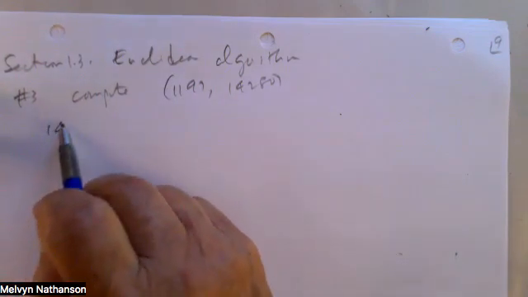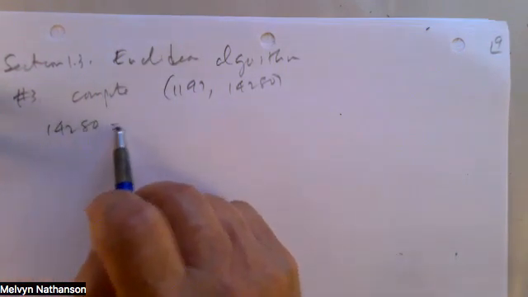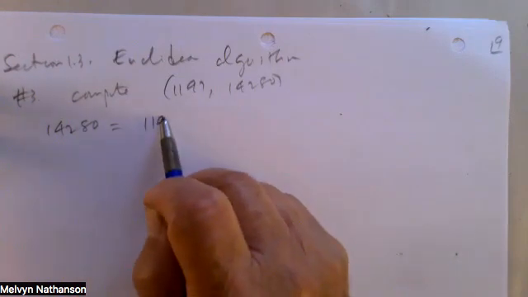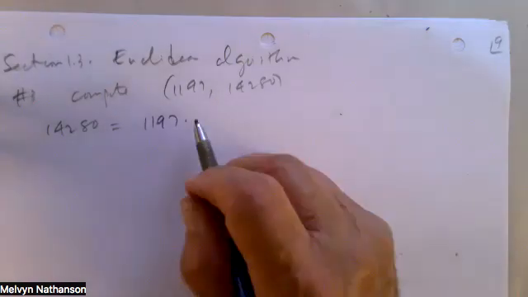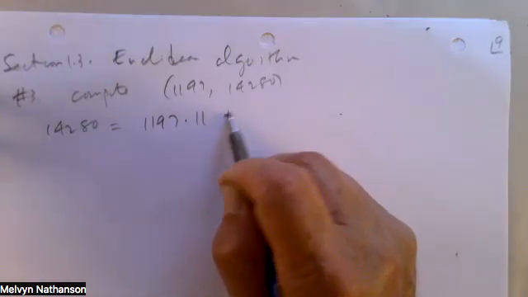So I take 14280. If I divide it by 1197, what is the quotient? If I were to take 14280 and divide by 1197, I get 11 plus some remainder.